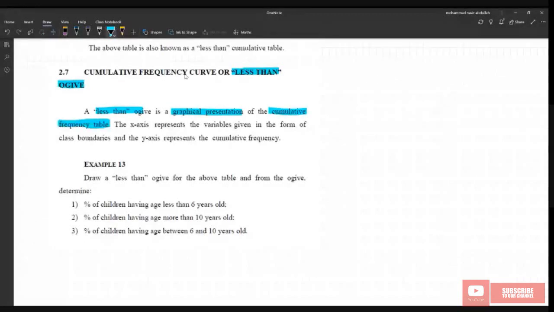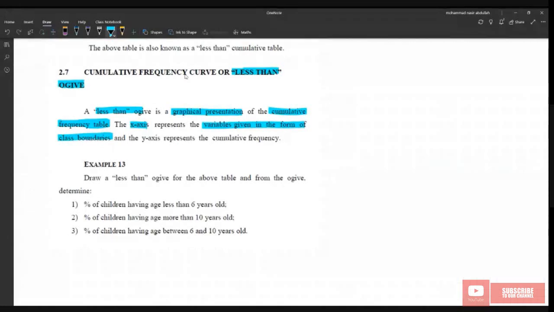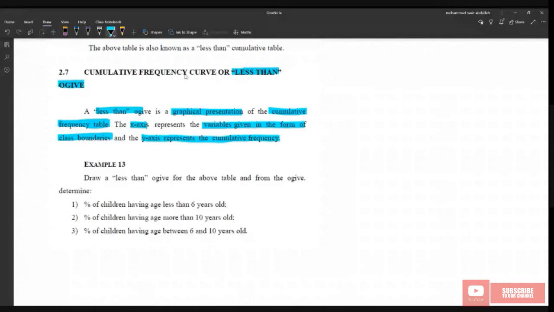The x-axis represents the variable given in the form of class boundaries, so it's the same as a histogram. But for a histogram, the y-axis represents frequency, while on a less than ogive or cumulative frequency curve, the y-axis represents cumulative frequency.